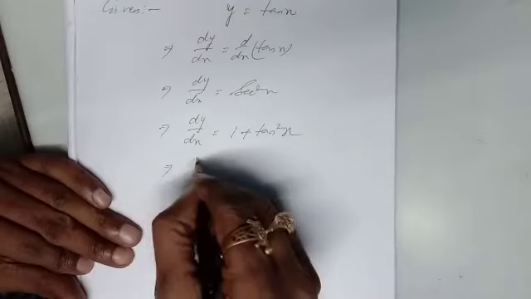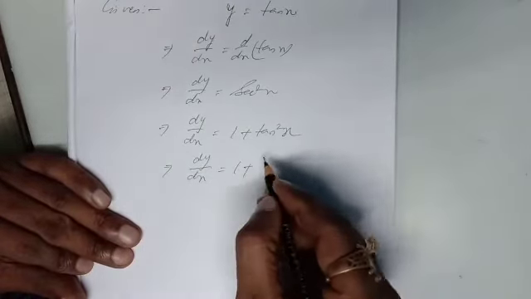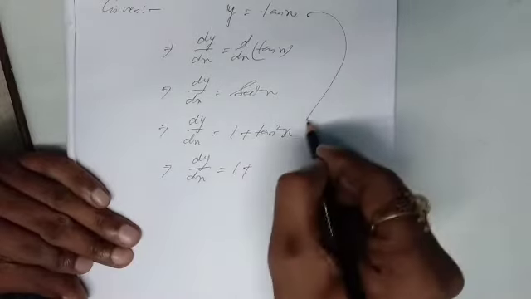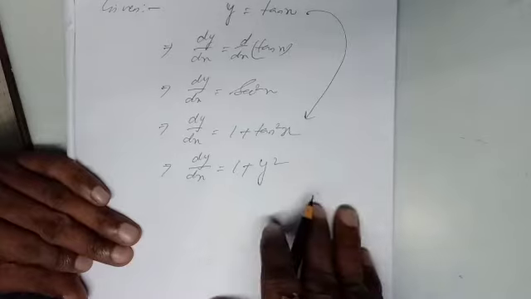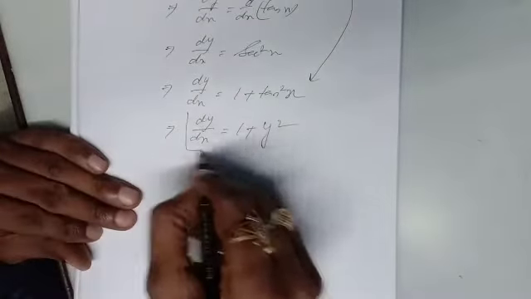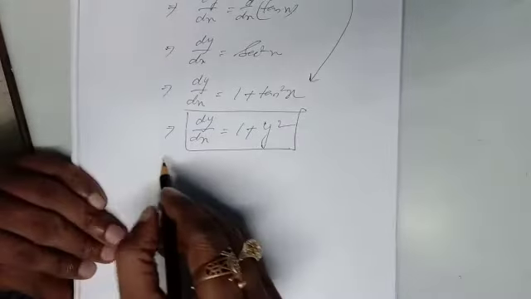Now dy by dx will be 1 plus, what is the value of tan x? Just see here, tan x is y, so this will be 1 plus y square. This one you are getting after putting the value of tan x as y.